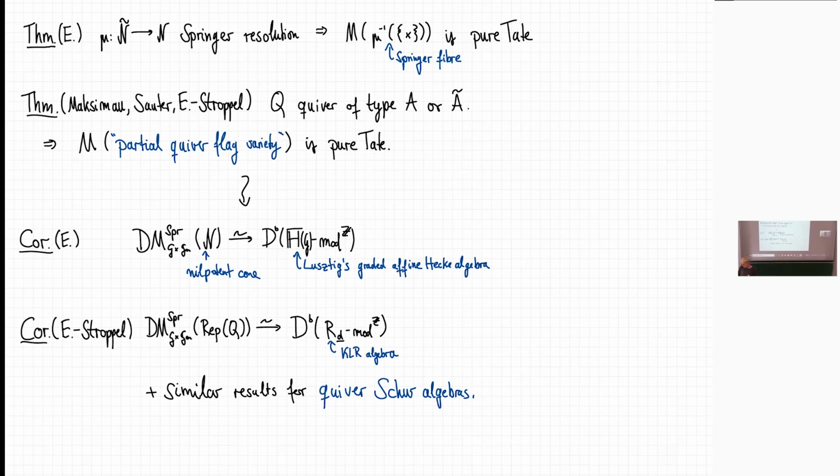Next example: we also look at the Springer setup now for quiver representations. So we take a flag of quiver representations. This gives you spaces, and you look at the motives of them. And this basically now gives KLR algebras or quiver Schur algebras, which would be a different example of interesting algebras in representation theory which can be linked to the motives.